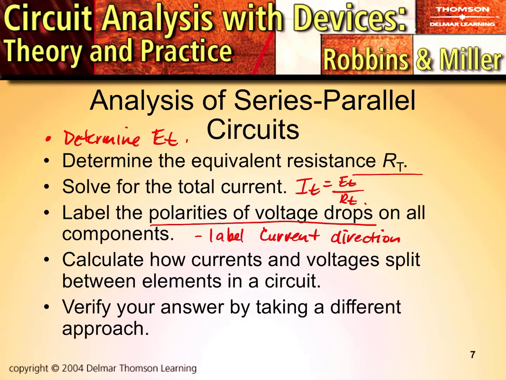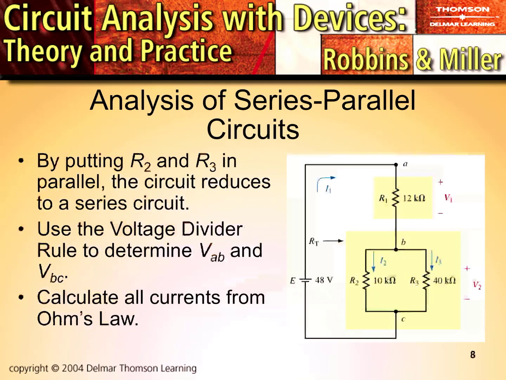And then it says calculate how currents and voltages divide or split between elements in a circuit, and verify your answer by taking a different approach. So it means that when you're done, you can go about different means of verification to make sure you have the right results. So let's take this for example where we have some numbers.